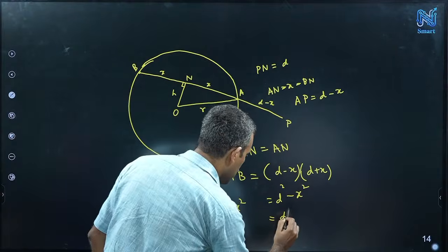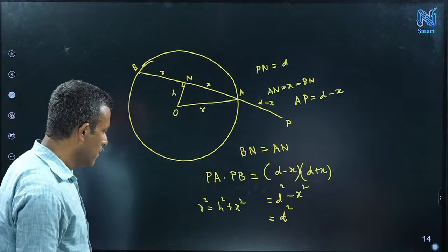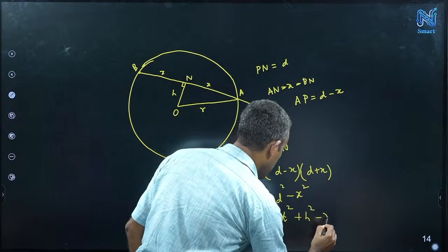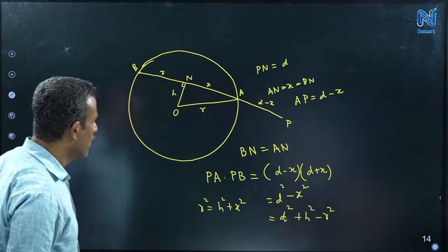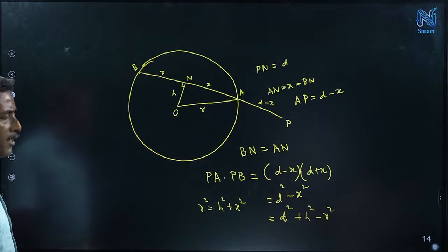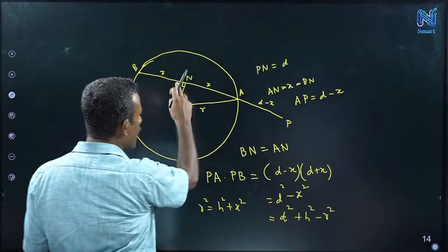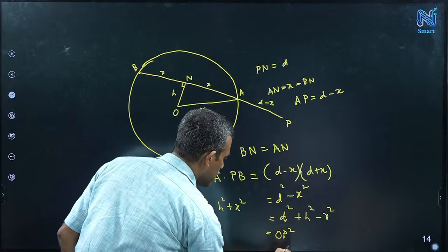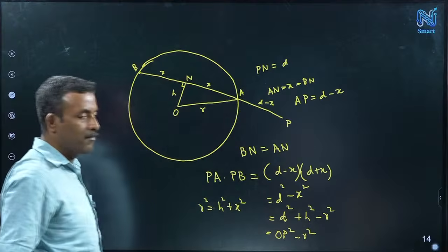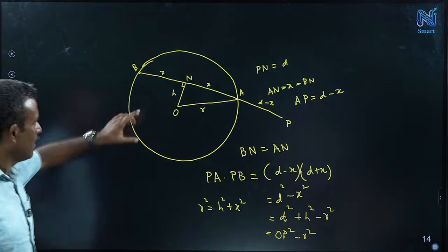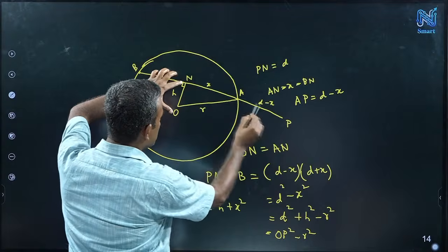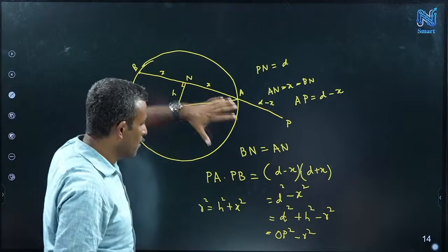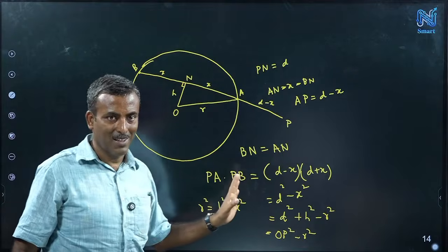D square plus A square minus R square, right? But what is D square plus A square? It is actually OP square by Pythagoras theorem, since PN is D and this is H. So ultimately it is OP square minus R square.